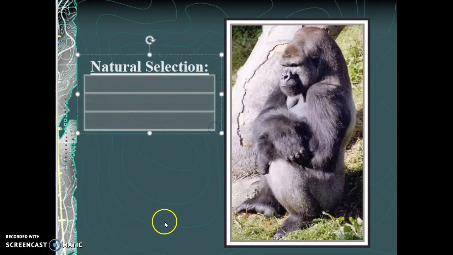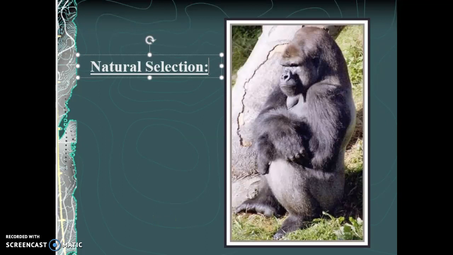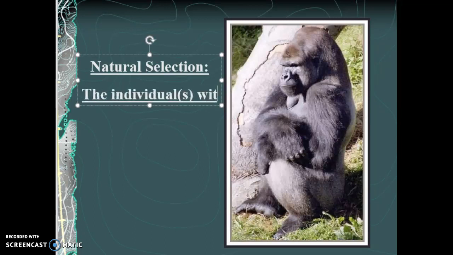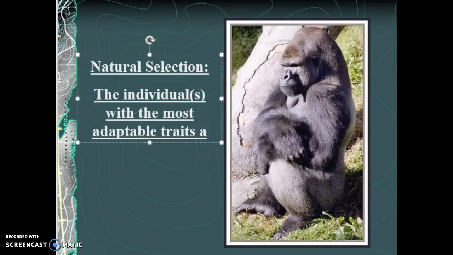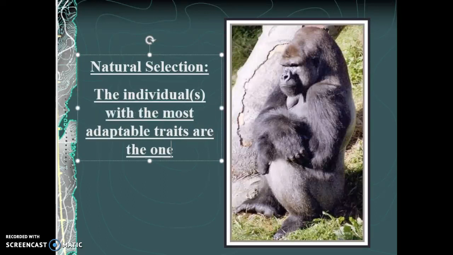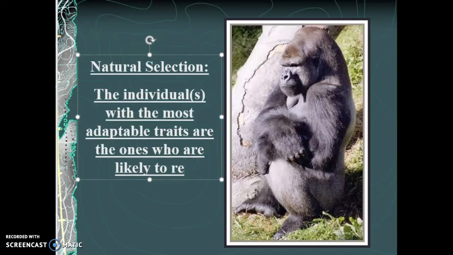So this is what Darwin proposed as a mechanism for evolution, the process of natural selection. So natural selection, the individuals with the most adaptable traits are the ones who are likely to reproduce.